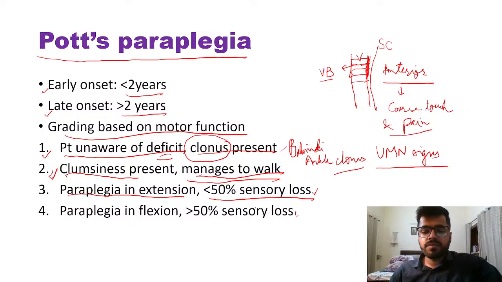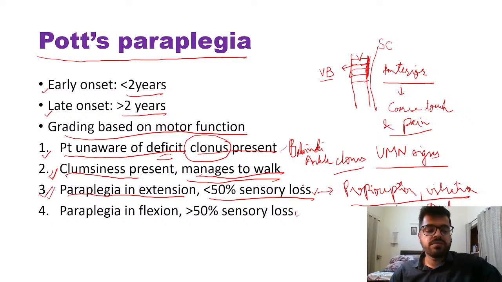That is the anterior. There is less than 50%, and proprioception, vibration, and fine touch are still intact. Then it is grade 3.